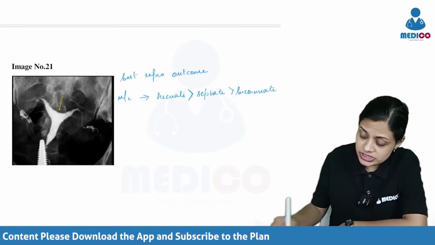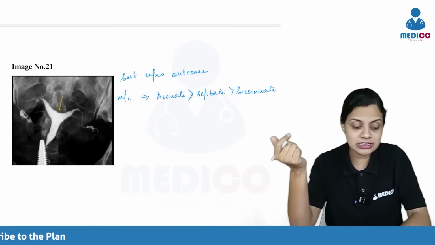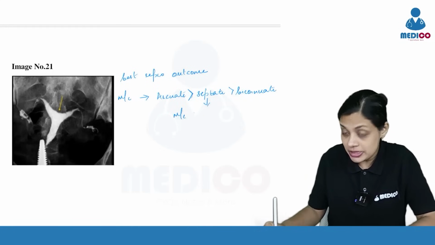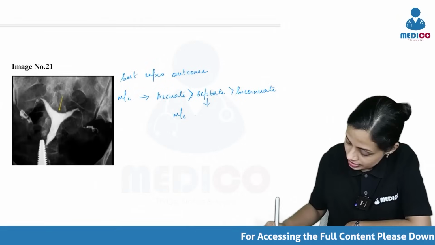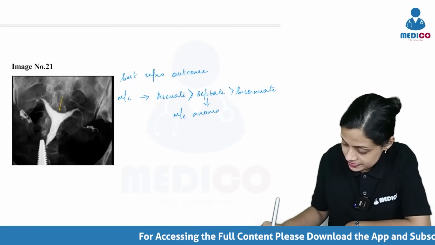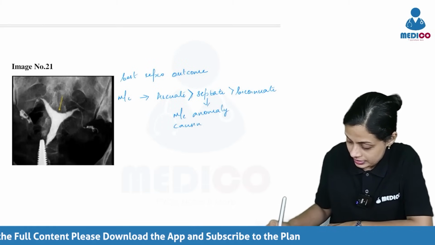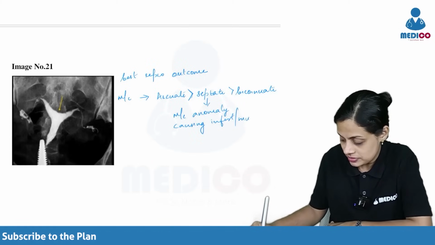But if you are asked which is the most common anomaly that causes miscarriage or infertility, then your answer changes. It is the septate uterus, because the arcuate uterus has a very good reproductive outcome.